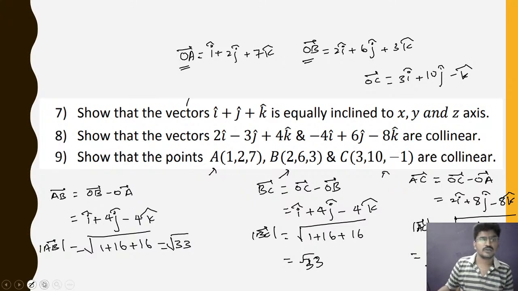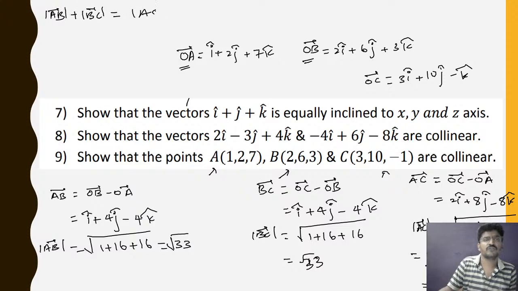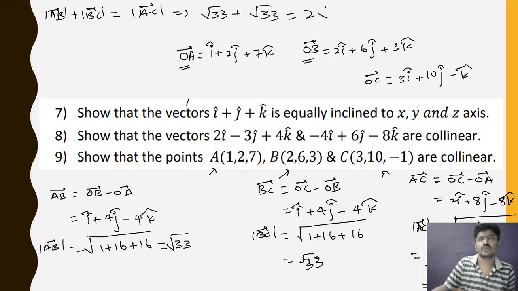Okay, so now you can just check: root 132 will be equal to 2 times root 33. Therefore mod of AB plus mod of BC equals mod of AC. That is root 33 plus root 33 equals 2 times root 33.